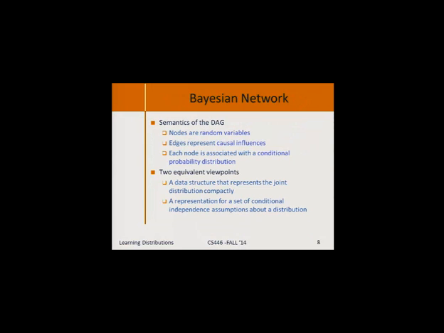Okay, let's start with this example. So just to understand what we are talking about, the nodes here are random variables. Edges, you can think about it as representing causal influences. Doesn't necessarily have to mean causality in any way.